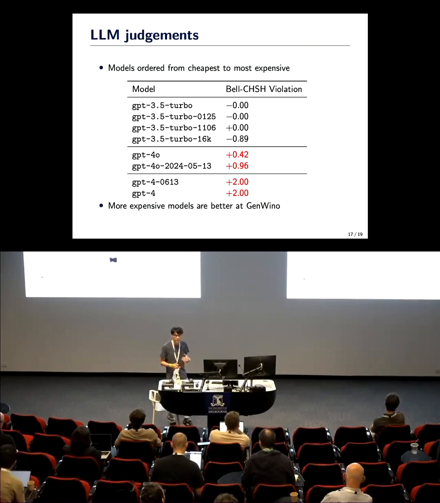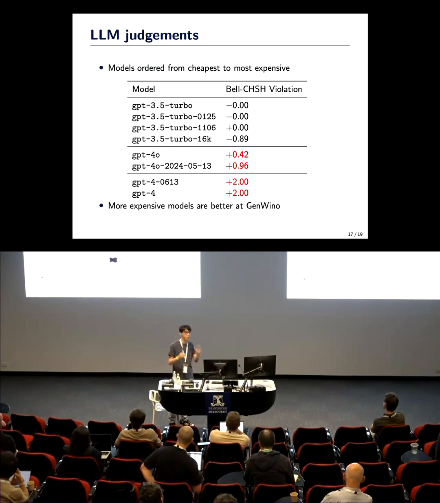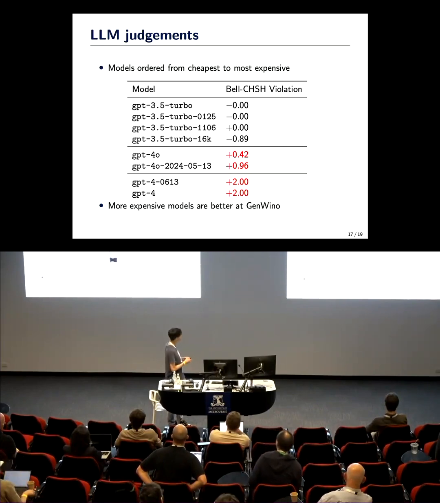So human subjects were very expensive. We paid $1 per answer. So we were like, why didn't we use LLMs to evaluate these examples? So that's what we did. And there's some very interesting correlation going on. So this table is sorted from the cheapest model to run to the most expensive.